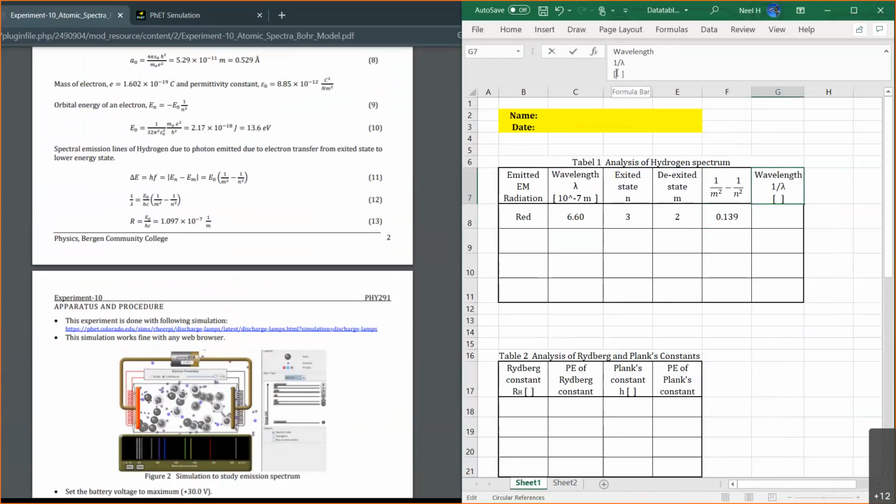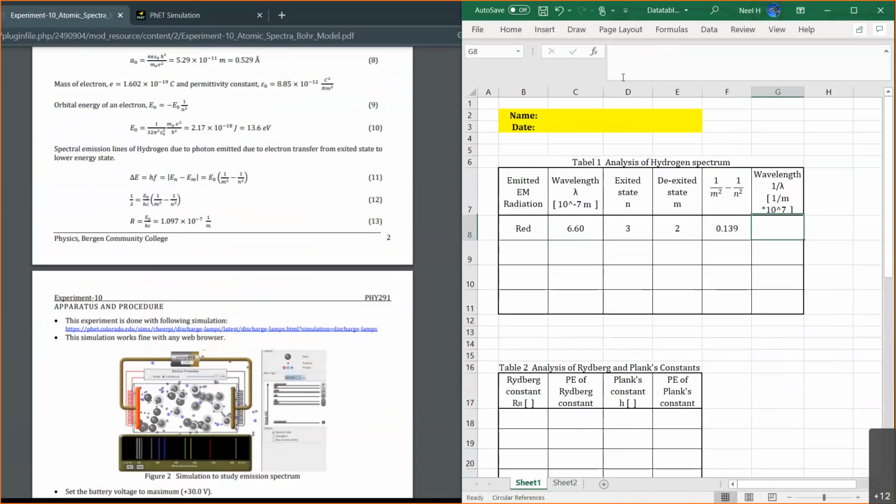Let's do 1 over lambda also here. The unit is going to be 1 over meters times 10 to the power positive 7, because it's 1 over lambda, equal sign 1 divided by this value.